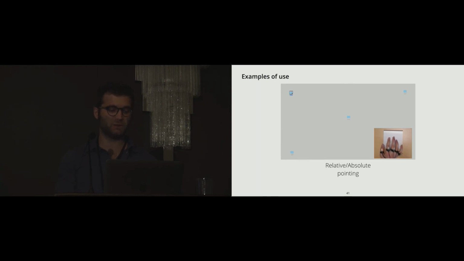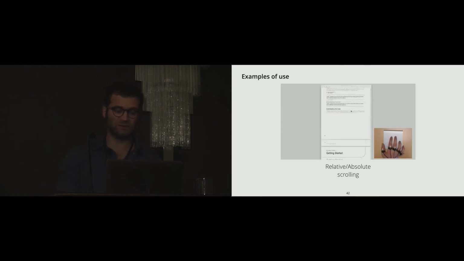Our device can be used system-wide, running a background application that can overwrite the OS routines. For example, we overrode the OS pointing routine to implement a switch between relative and absolute pointing.